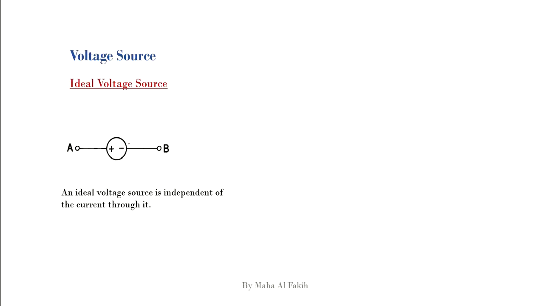For example, if a thicker wire is connected at the terminals of this source, more current will flow in the circuit, however, the voltage will remain constant. The same voltage will be supplied to the circuit by this source.